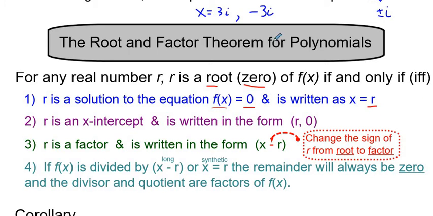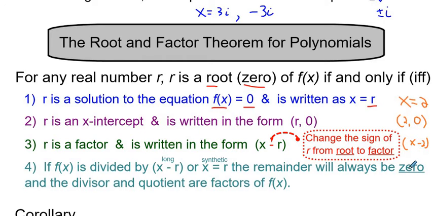So let's say, as an example, one of my zeros was x equals 2. Well, my x-intercept would be (2, 0), and the factor that produced both of these is actually x minus 2, okay?